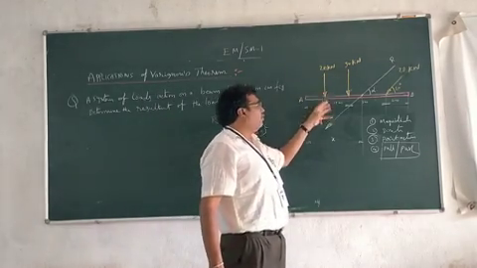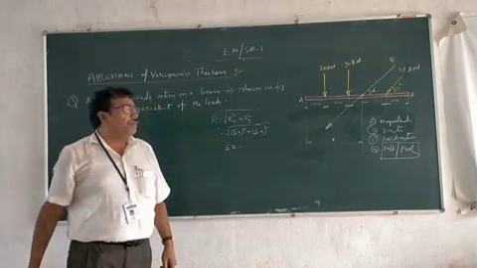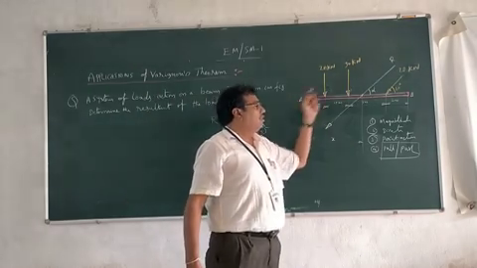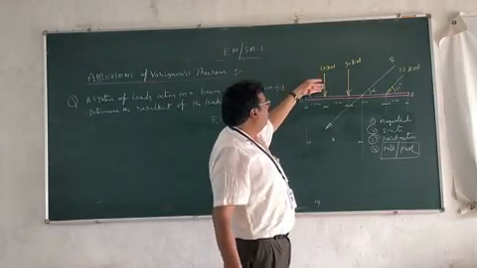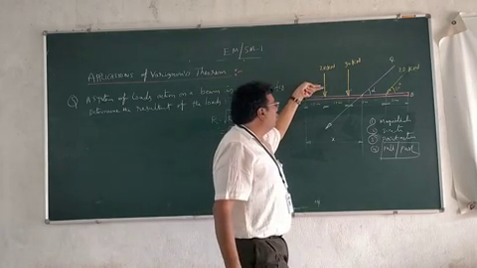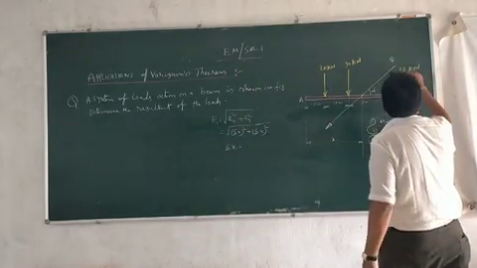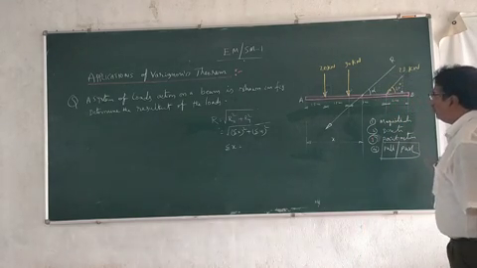Every vertical force has only a vertical component. Why? The horizontal component is cos 90 degrees, which is equal to 0. Here the horizontal component is 0. You see, every inclined force has 2 components.